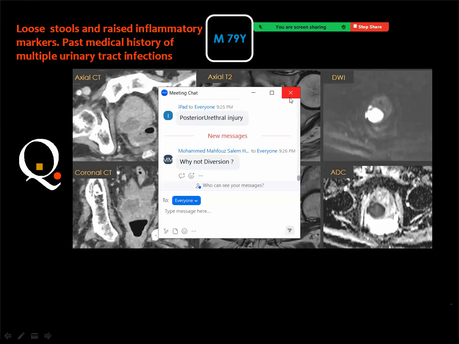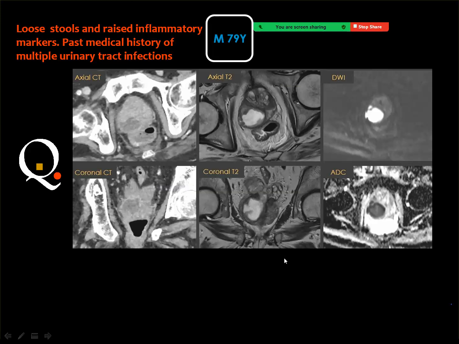Someone is asking why the previous case is not some sort of diversion. Actually, there is no known diversion of the urethra to the rectum, or the opposite. Nothing is known in medical practice like this.